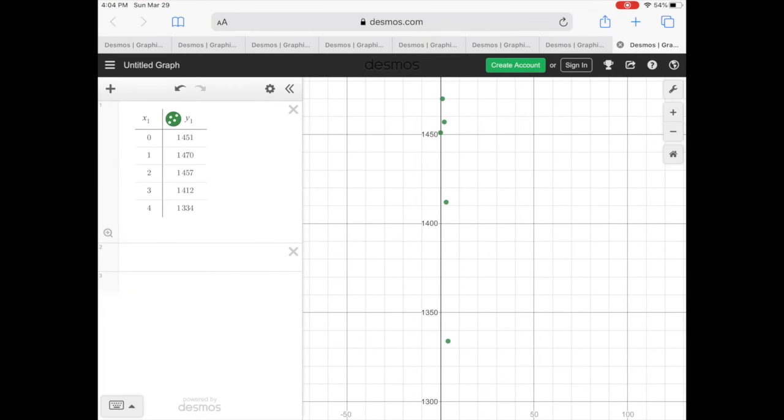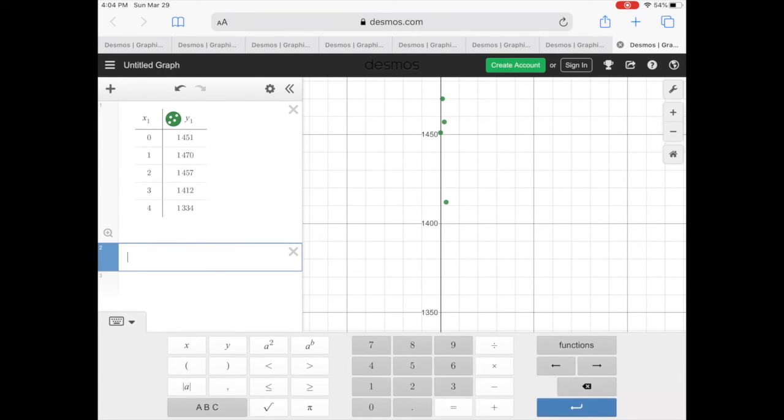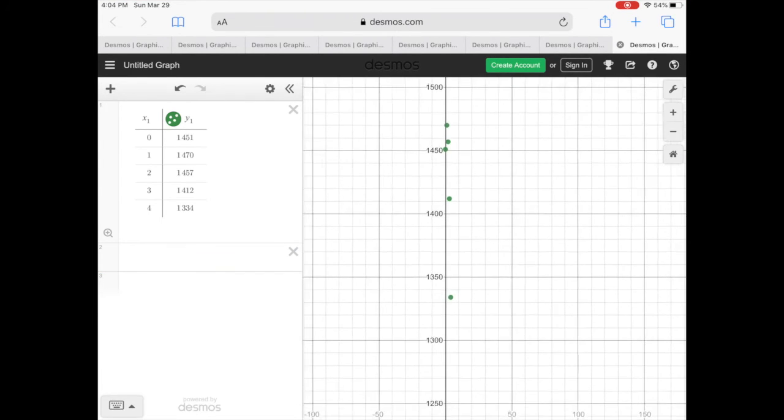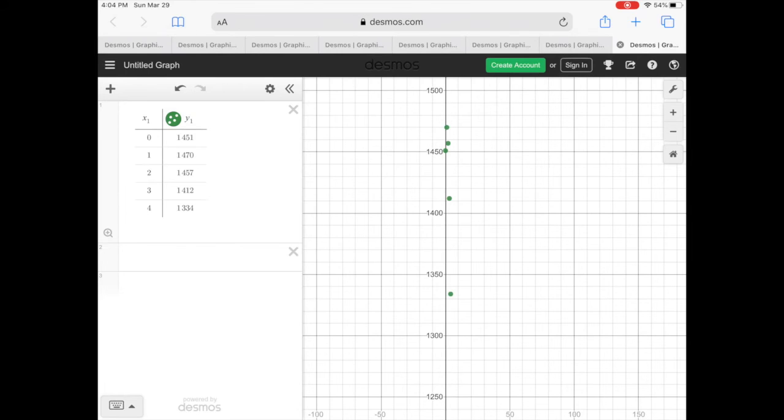I've already put the table in for us. Now, we've been told that this is a parabola. I know it doesn't really look like it. We don't have much data here, but take a look at the dot where 1450 is. That's where the penny started. It went up to the next tallest dot, and then it started dropping.